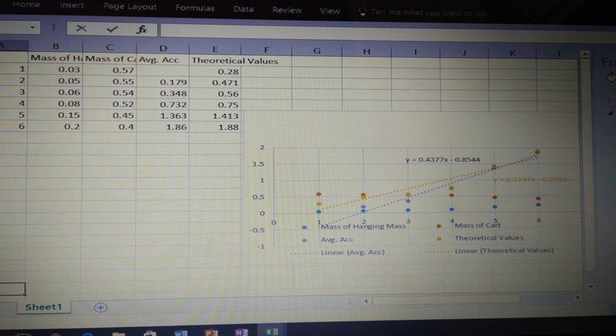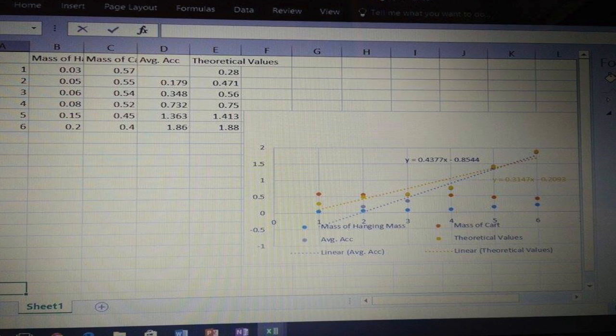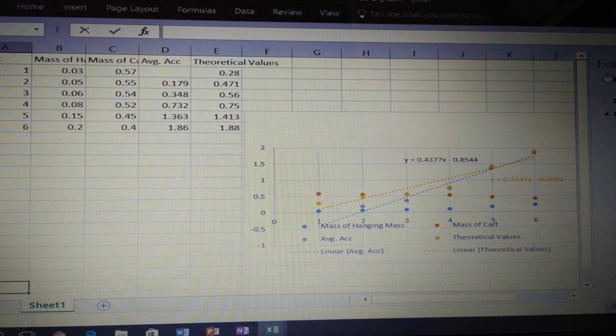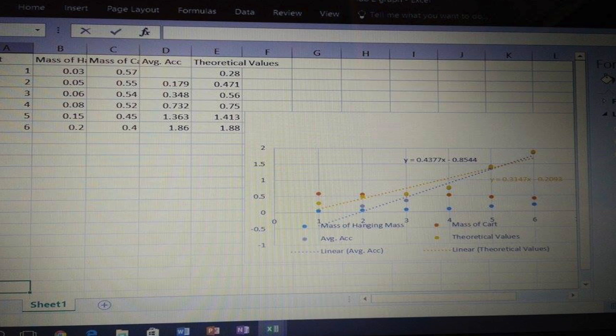The first one was the F net of the cart was tension, or the mass of the cart times the acceleration of the cart. The second equation was the F net of the hanging masses, or the mass of the hanging mass times gravity minus tension.